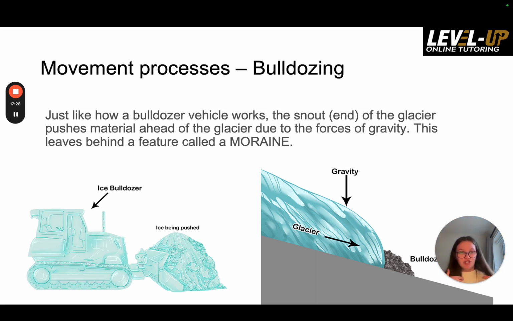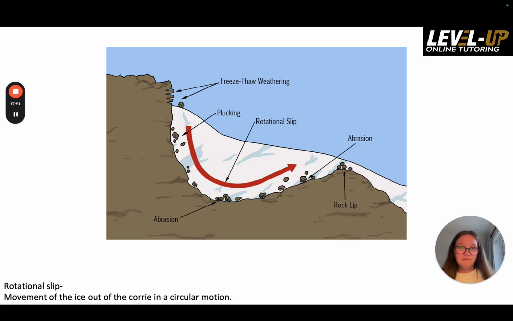As the glacier then retreats, what it leaves behind is something called a moraine. We are going to look far more at moraines in a future video, so don't worry about it too much. But the bulldozing effect of a glacier literally pushes material far down the valley, and so we can see how far a glacier has gone and then retreated back.